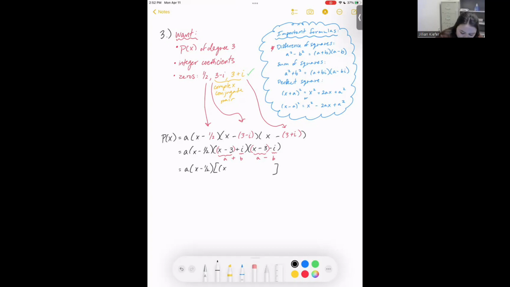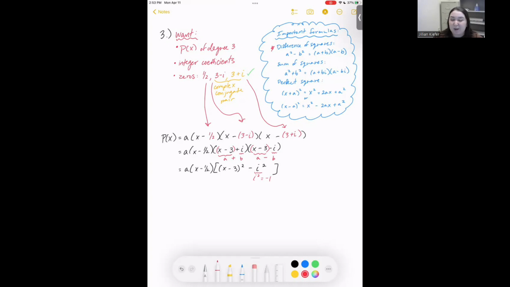So we've really got x minus 3 squared minus b squared. And b is i. So we've got x minus 3 squared minus i squared. And we've said this before, but i squared is equal to -1. So that number there is really just -1.